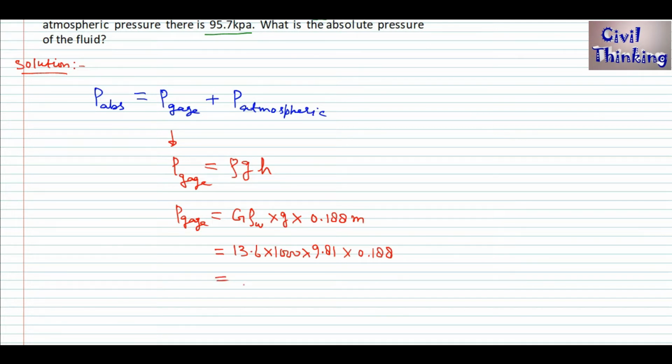Now when you use a calculator, 13.6 multiplied by 1000 multiplied by 9.81 multiplied by 0.188, you get 25082.2 Newton per meter square.